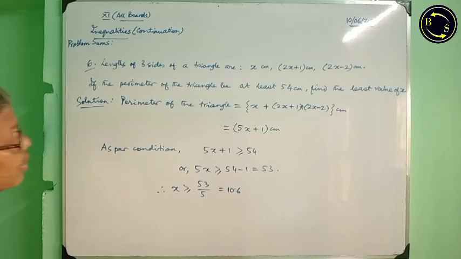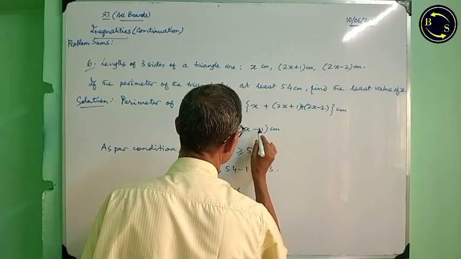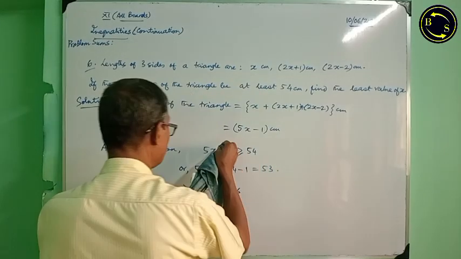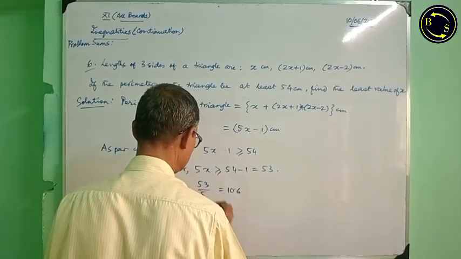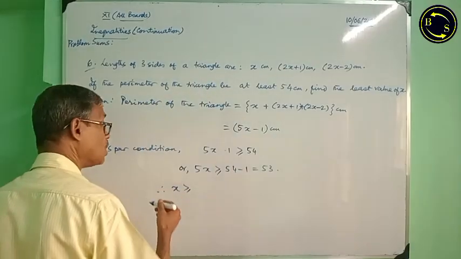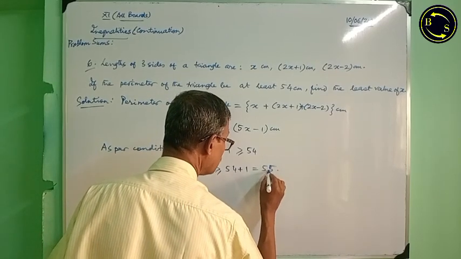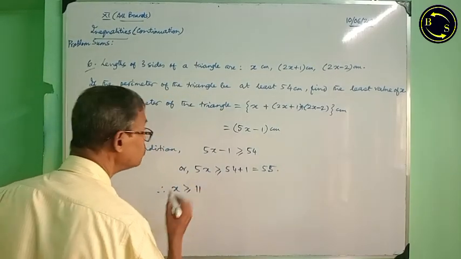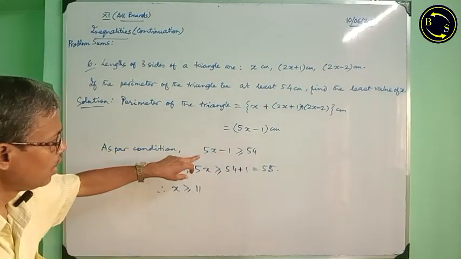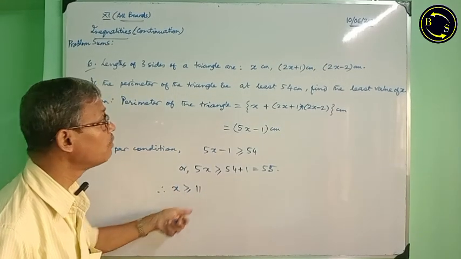Oh, okay, that should be minus. Committed error. Perimeter is 5x minus 1 centimeter. Then as per problem this one, and after solving x greater than equal to 11.